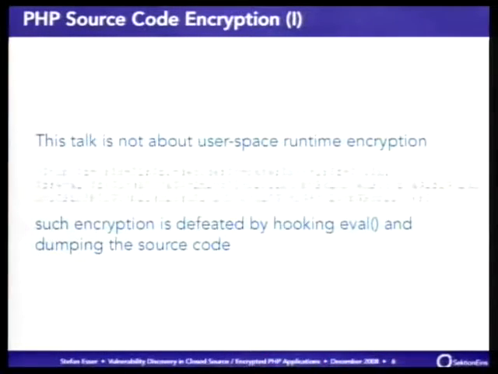This kind of protection can be easily defeated by changing the PHP source code and hooking the eval function, outputting the parameter of eval instead of executing it, and then you get the original source code back. Maybe you need to step through several layers, but usually you get the original source code, and this is not really a protection. What I speak about is something that looks like this.